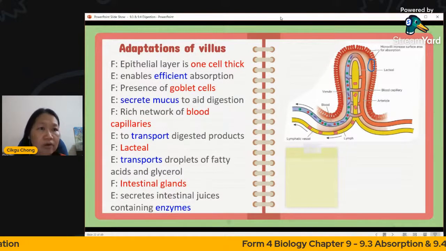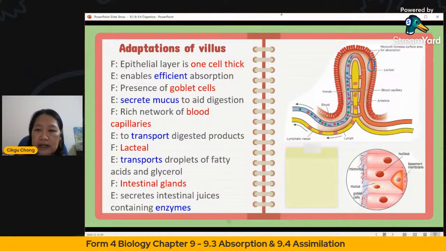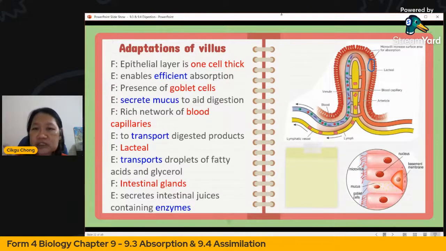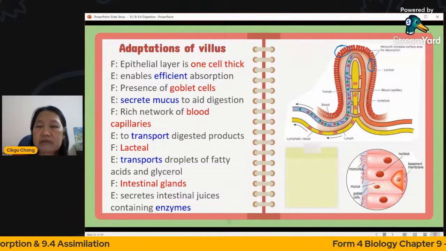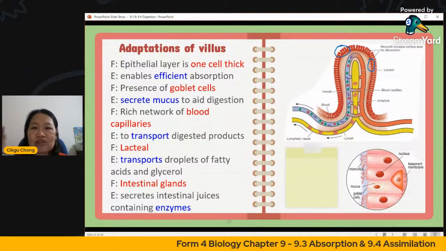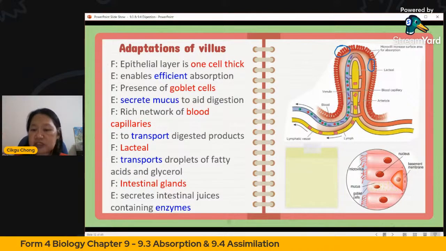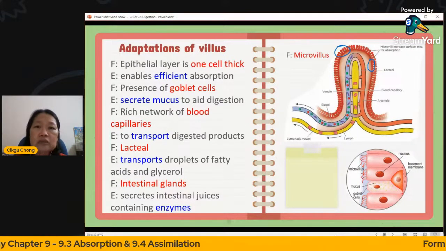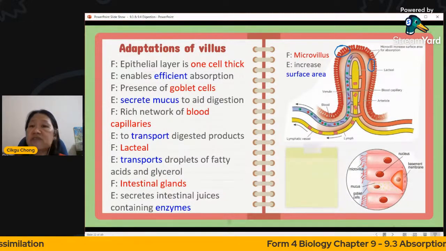All right, let's look at one more. We also have, you see all these special structures on the epithelial lining. You will see microvilli. It's just like villi of the villi, or the villus of the villus. You have even tinier, smaller projections called microvilli. The microvillus is also to increase the surface area.